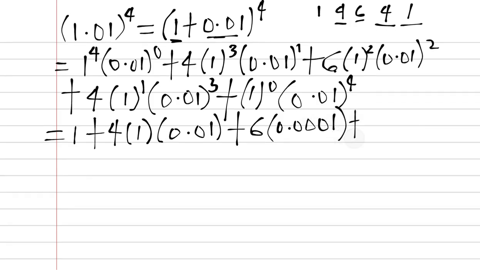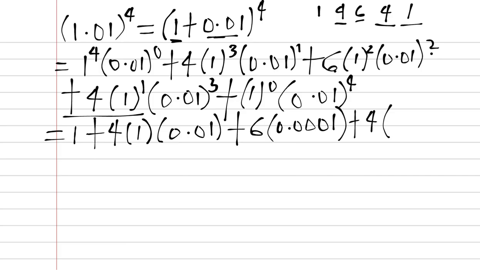Then plus 4. We are here now. 4 times 1 raised to power 1 is 1. So that's 4 into bracket 0.01 raised to power 3. Look at this, let me show you something. When I did 0.01 raised to power 2, I got how many zeros? 4 zeros.